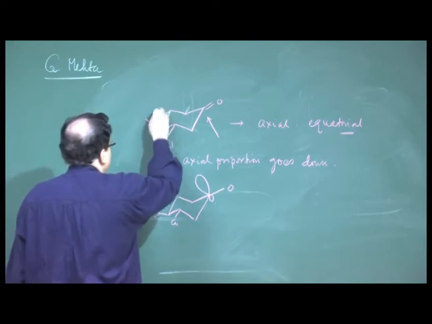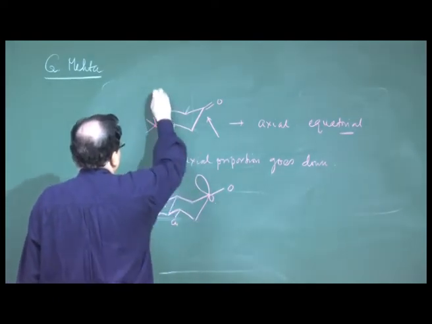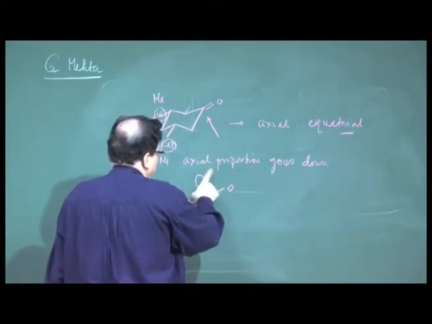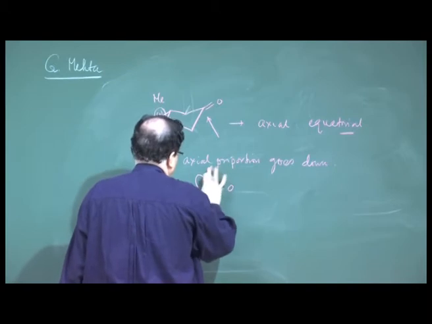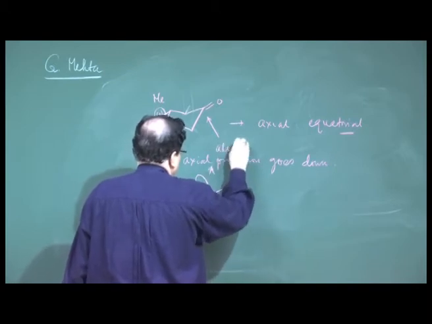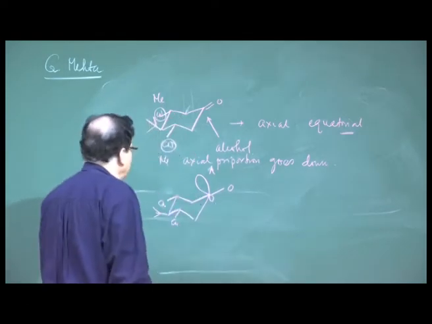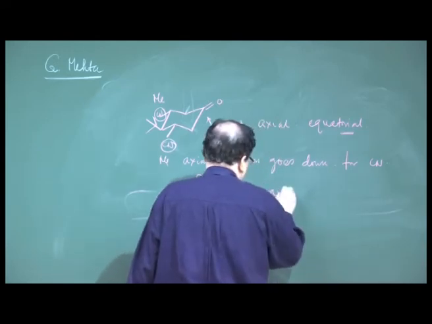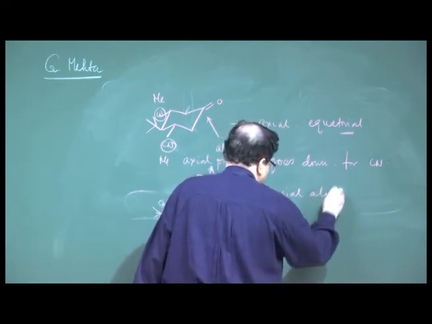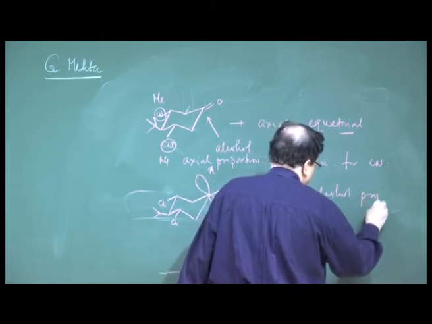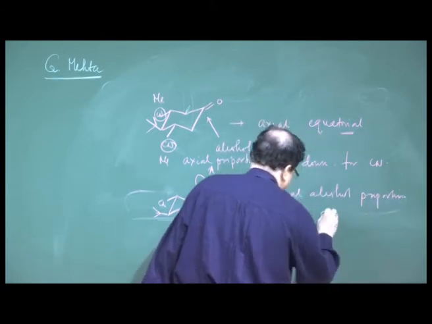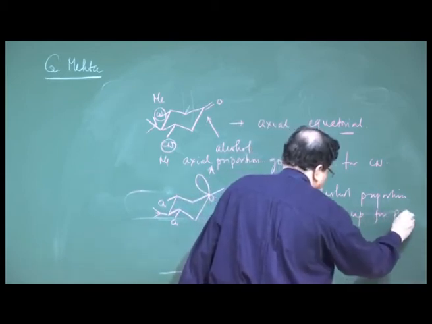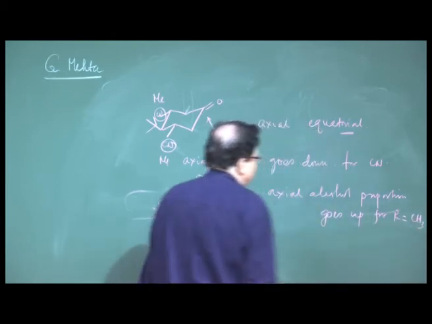On the other hand, if cyanide is replaced by methyl, then the axial alcohol proportion goes up for R equal to methyl, but do not expect that this will be the major product.